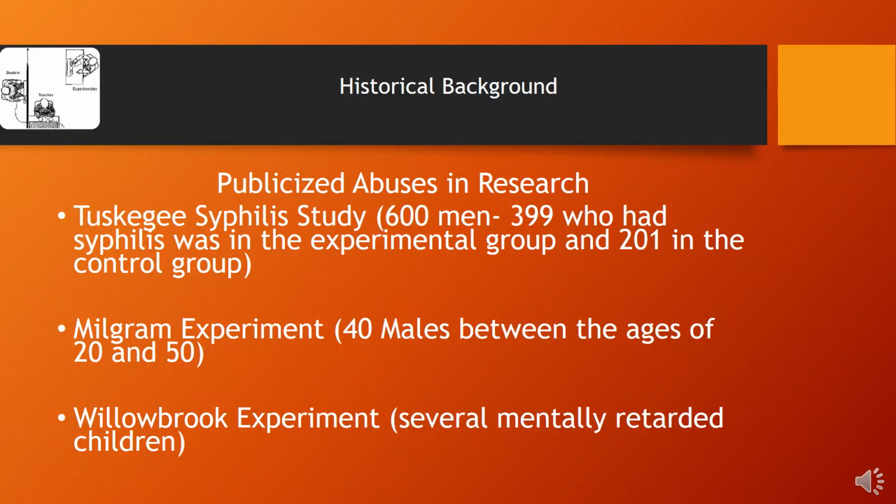This experiment was designed to record the natural history of syphilis in blacks and was called the Tuskegee Study of Untreated Syphilis in the Negro Male. Another experiment, called the Milgram experiment, involved 40 males between the ages of 20 and 50.